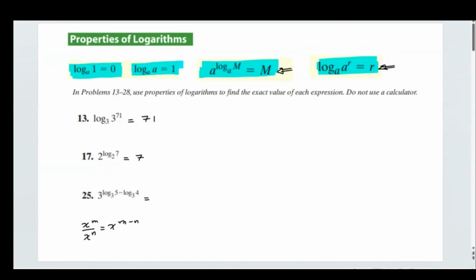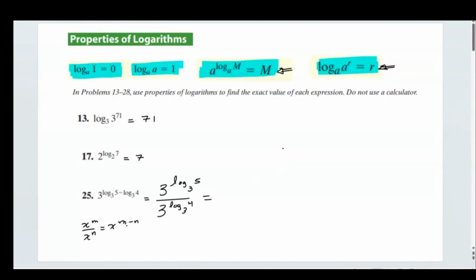Or if you have an exponential expression where the exponent is a difference between two expressions, you can rewrite that as a quotient. And that's exactly what we're going to do in this case, because we have 3 to the power of the logarithm base 3 of 5 minus logarithm base 3 of 4. So I can express this as a quotient. So you can say this is 3 to the power of the logarithm in base 3 of 5 over 3 to the power of the logarithm in base 3 of 4.